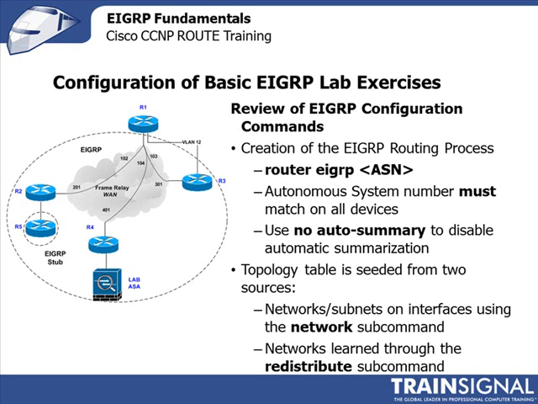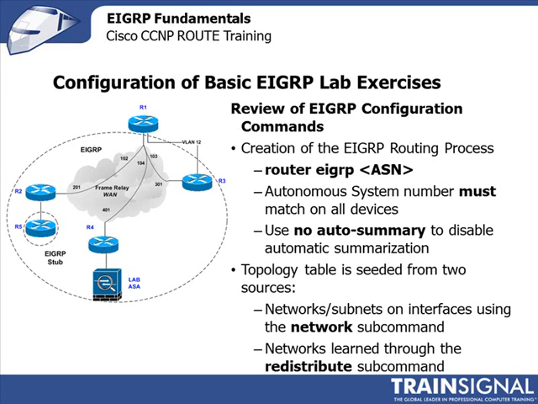Then, in order for the topology table to be populated, it has to be seeded from 2 sources. First, networks and subnets on interfaces local to the router, using the network subcommand. Remember, network, then identifying the interfaces that are valid on the router using IP addressing and masks. Another way the topology table is seeded is from other networks through the redistribute command.